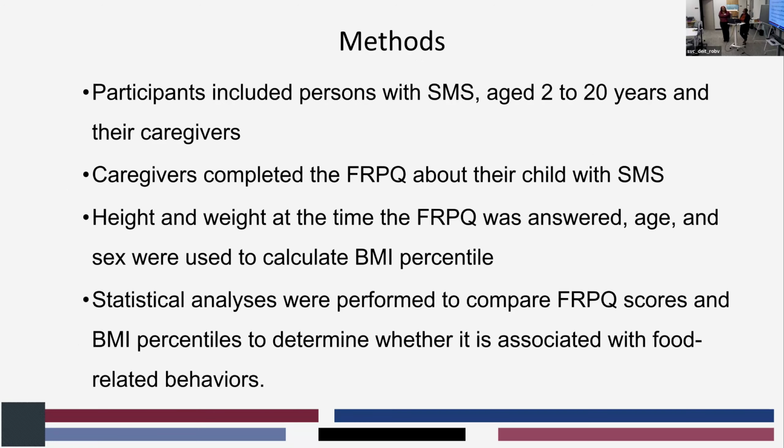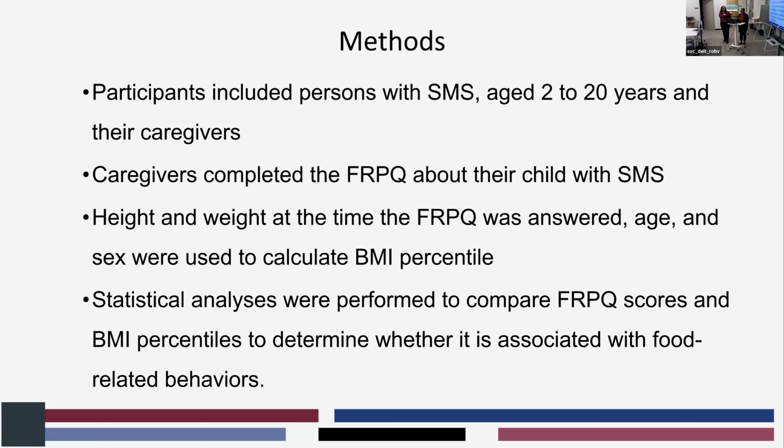For our methods to address our research question, we analyzed data from individuals diagnosed with SMS who were between 2 to 20 years old. Parents or caregivers completed a food-related problem questionnaire, which looks at eating and food-related behaviors.